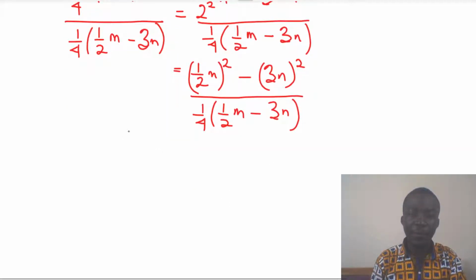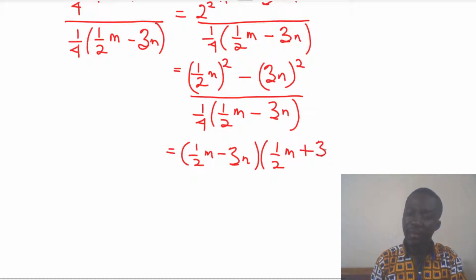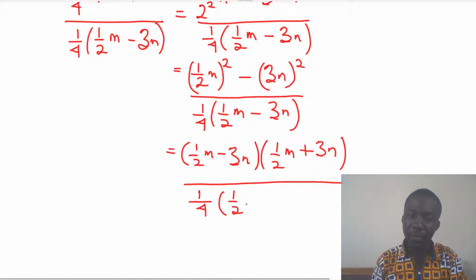When we proceed, we can see that the numerator side represents difference of two squares. So we just write them as 1 over 2m minus 3n multiplying 1 over 2m plus 3n, and whenever you factorize difference of two squares, you get something like this. So 1 over 4, 2 brackets 1 over 2m minus 3n.